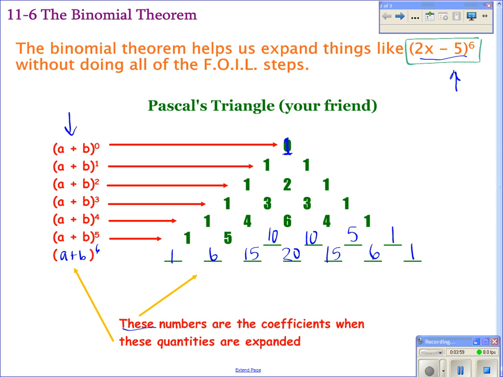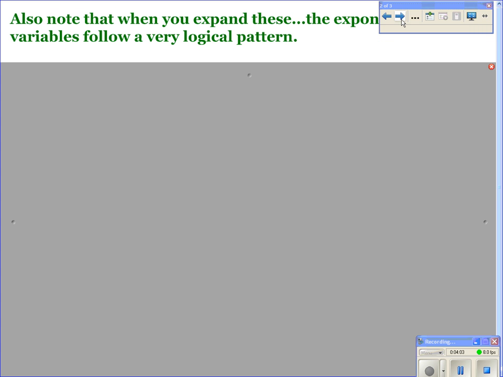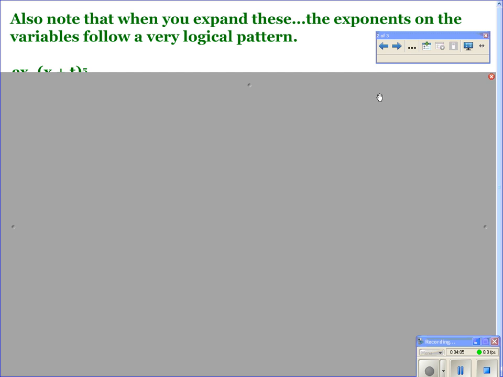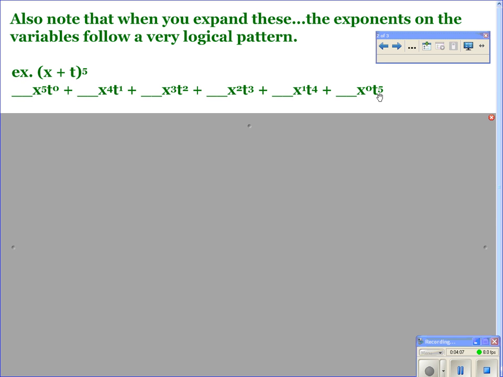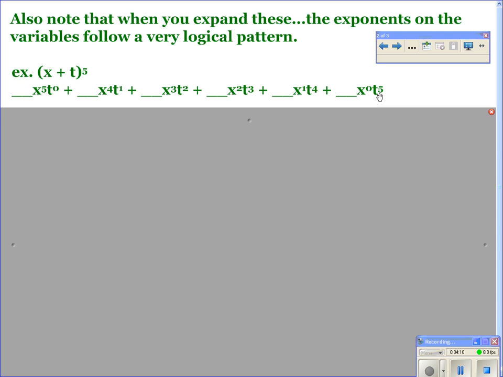Questions? All right, so here's how this works. Let's say this was our problem. What I want you to do is to draw a blank and then write x to the 5th, t to the 0, plus blank. So write out this whole thing, and I'll explain why in a second.